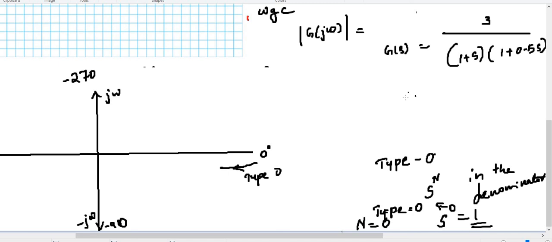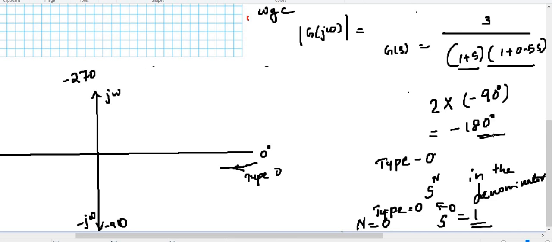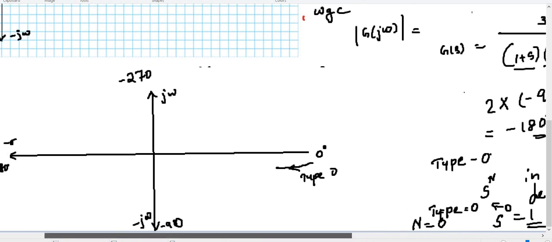Here there are no open loop zeros, only open loop poles. So the maximum phase angle will be 2 into minus 90 degree, so the maximum phase angle at higher frequencies is minus 180 degree.